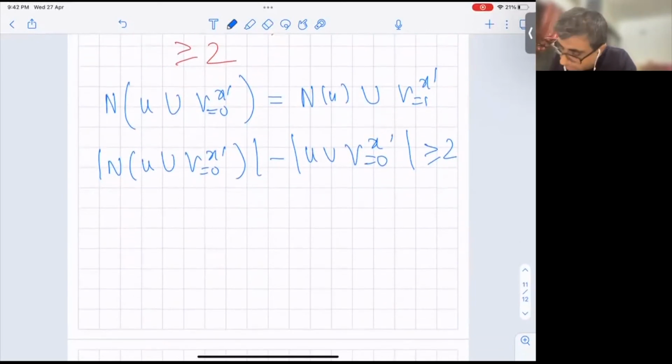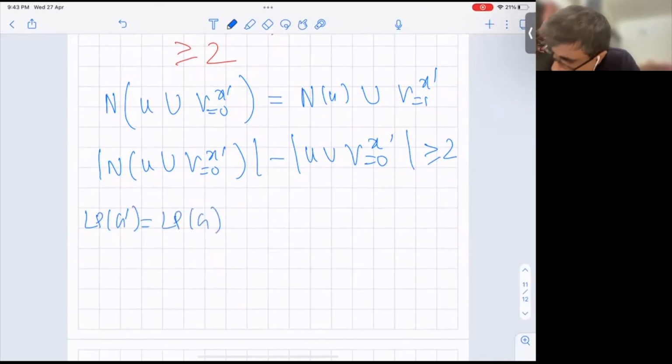Okay, so now what I'm saying is look at LP of G prime. This is LP of G. Let me write down what I want to say.